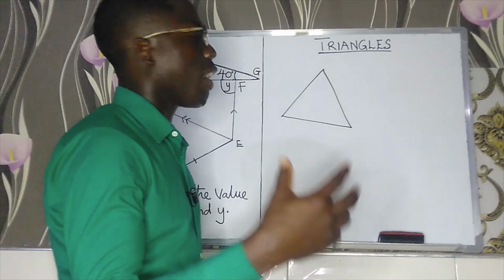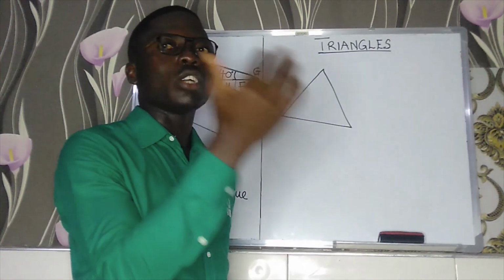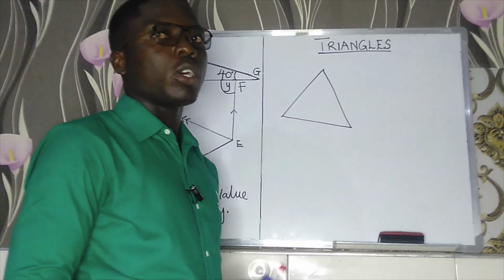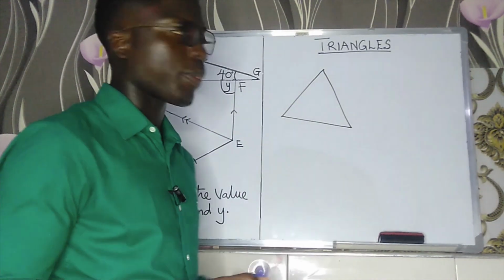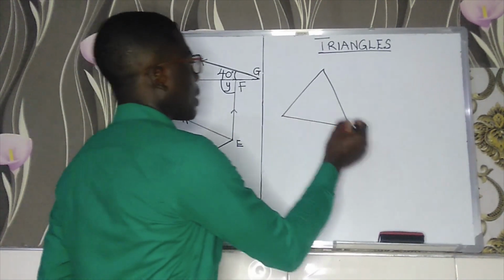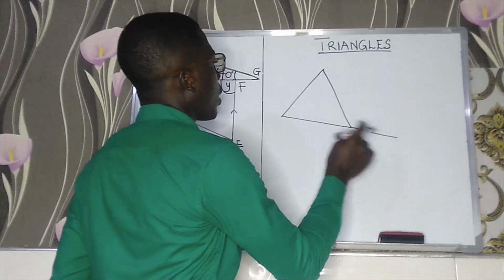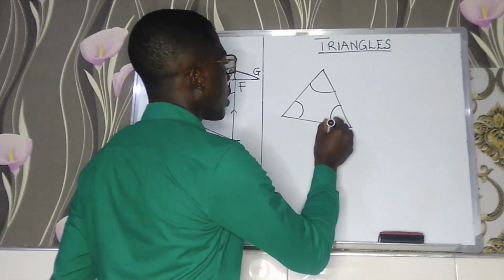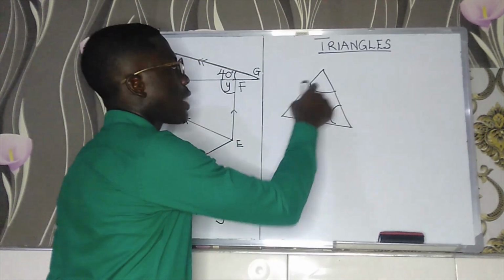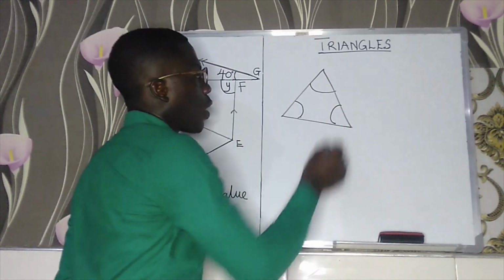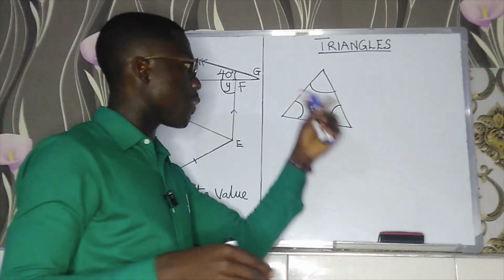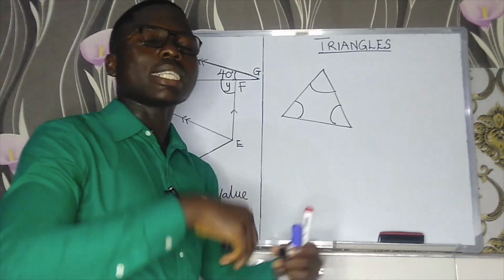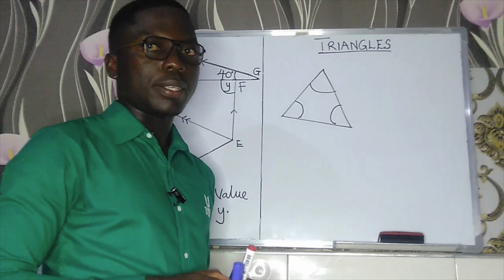And now we have two major properties that run through all the types of triangles. The first property is that all triangles, their interior angles add up to 180.